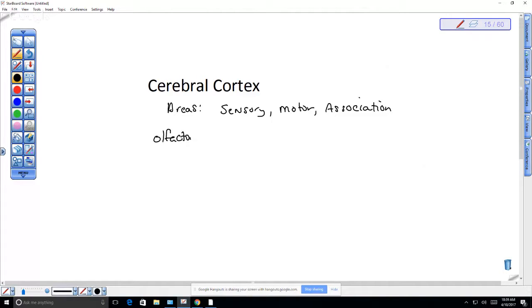And what is that? Smell, right? How about the gustatory? Taste, right? How about auditory? Hearing, right? Cortex. And then you have the visual cortex. Okay, so those are the primary senses.